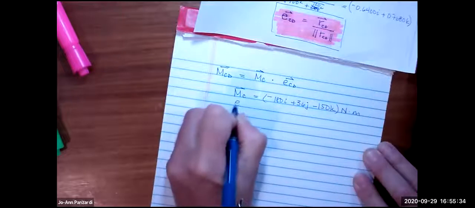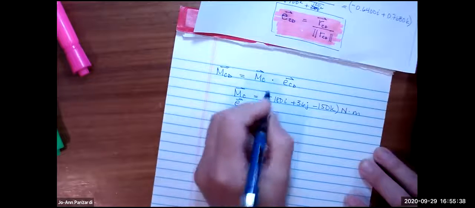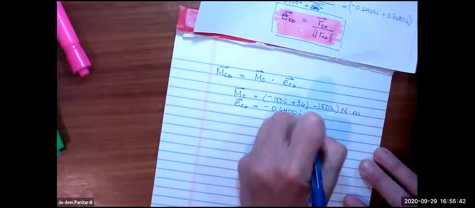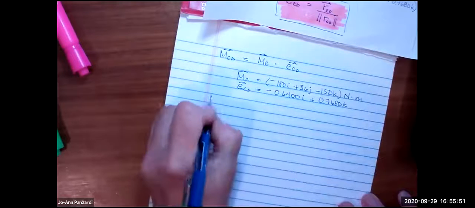And we found that the unit vector is equal to negative 0.6400I plus 0.7680K. So how do we dot them? MCD is equal to MC dotted with ECD.